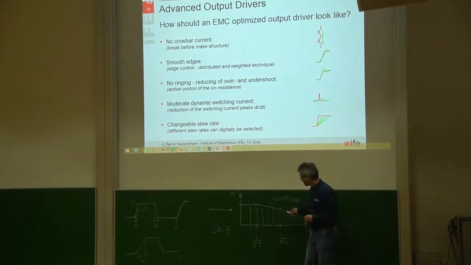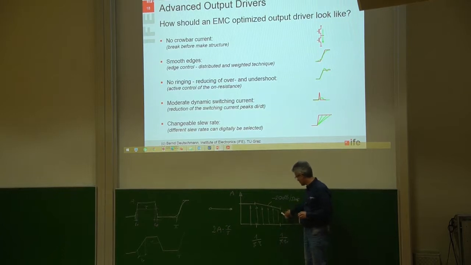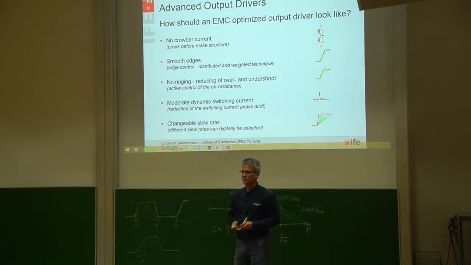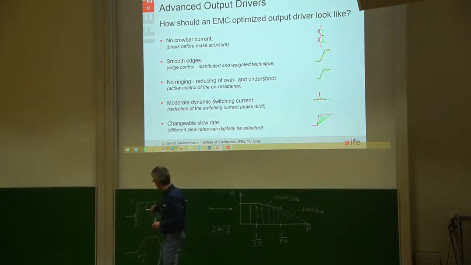We will somehow also change this point here, but it will then fall down somewhere in the range between -20 and -30 dB per decade. So it gives an additional advantage to reduce the electromagnetic emission in the high frequency range, because not so many high frequency spectral components are needed if the edges are a little bit smoother.